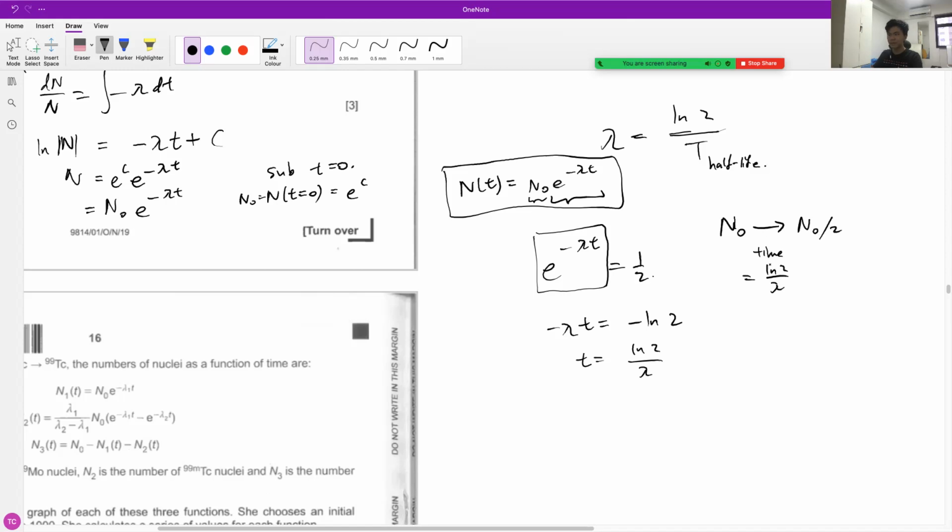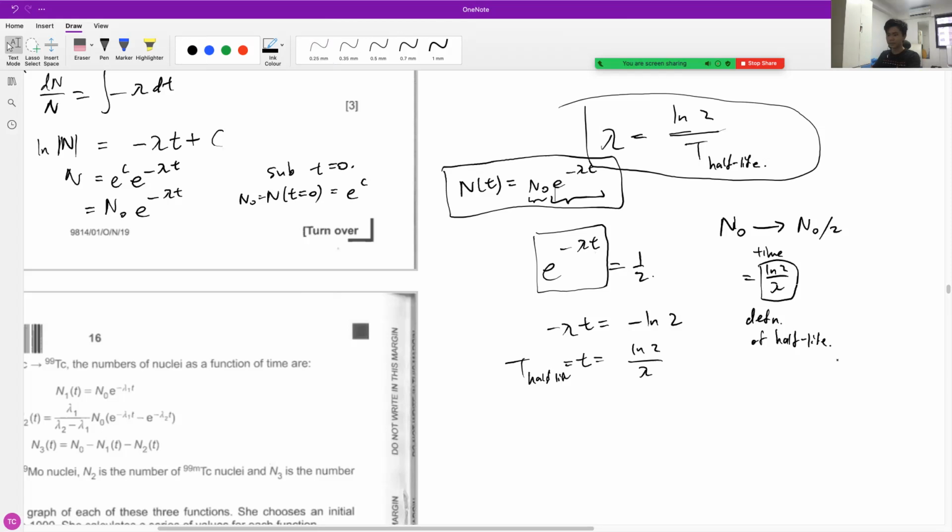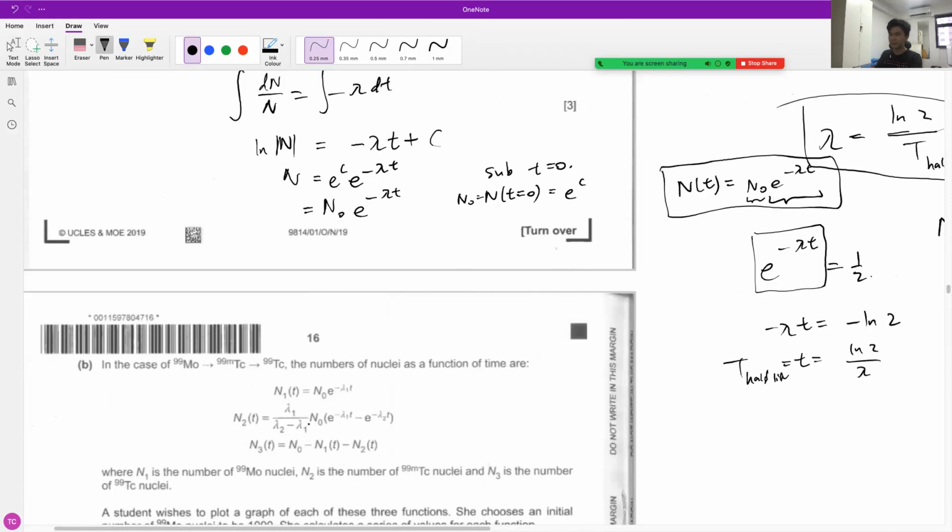But this time is precisely the definition of half-life, as I mentioned previously. So hence, this is just t half-life. And hence, rearranging this, you get lambda equals ln 2 over the half-life. So that's how you reason it out from this equation.